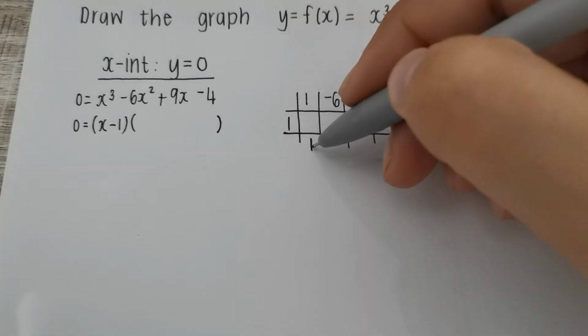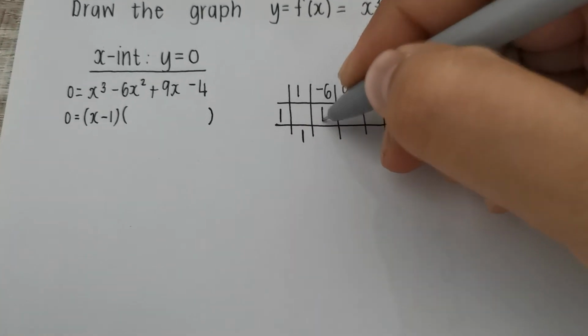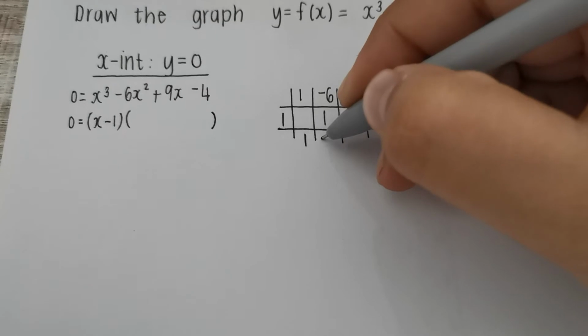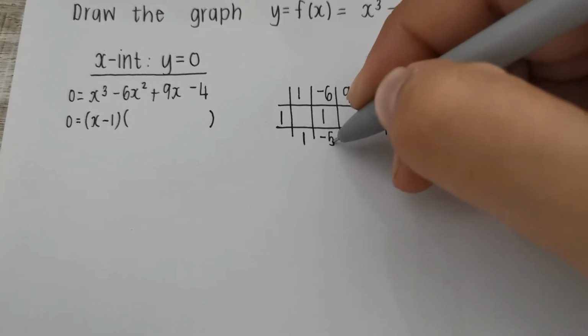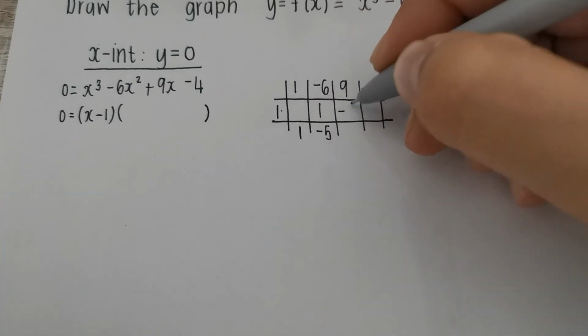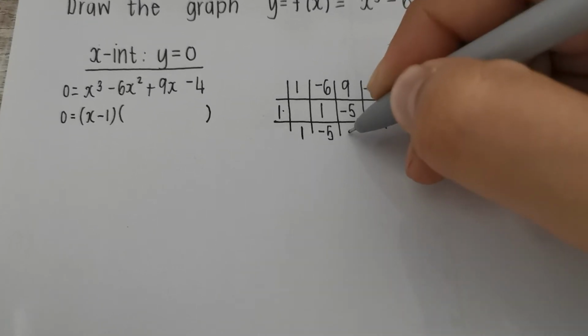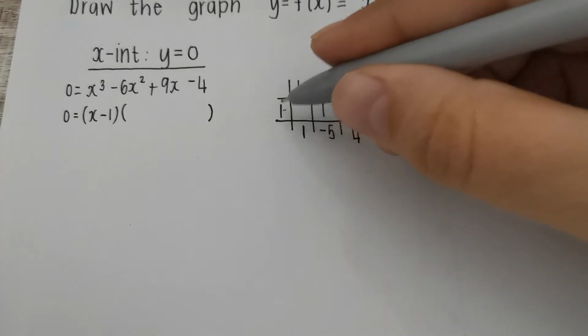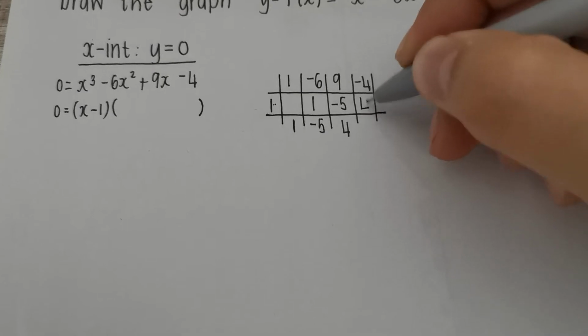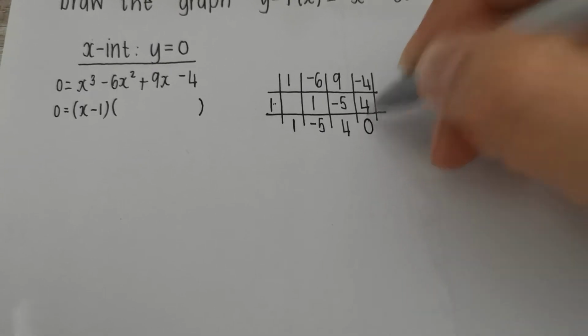You bring down the 1, 1 multiplied by 1. Add these two. -5 multiplied by 1. Add these two. 4 multiplied by 1. Add these two. Should give you 0.